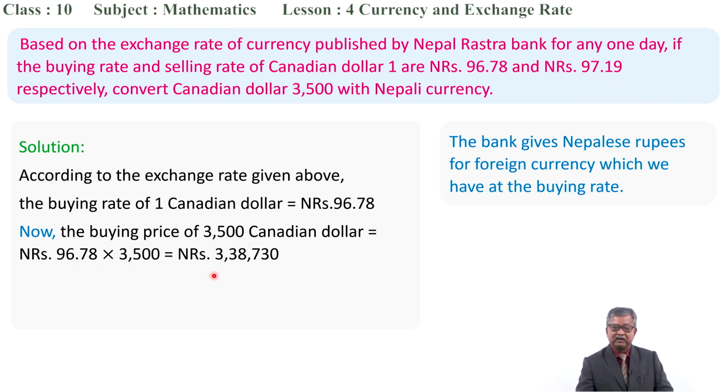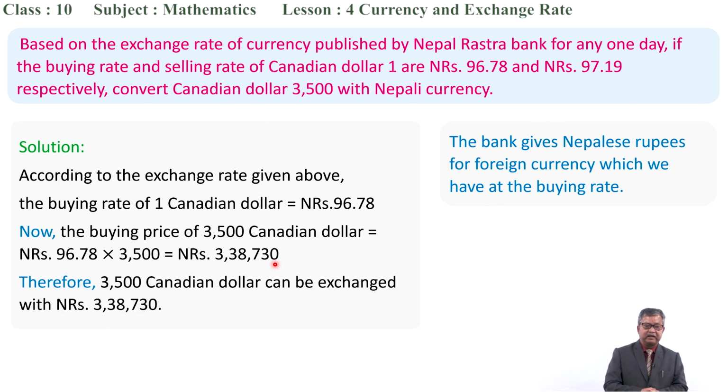After calculation, we got 3,38,730 rupees. It means when we give Canadian dollar 3,500 to the bank, then the bank gives us 3,38,730 Nepali rupees.